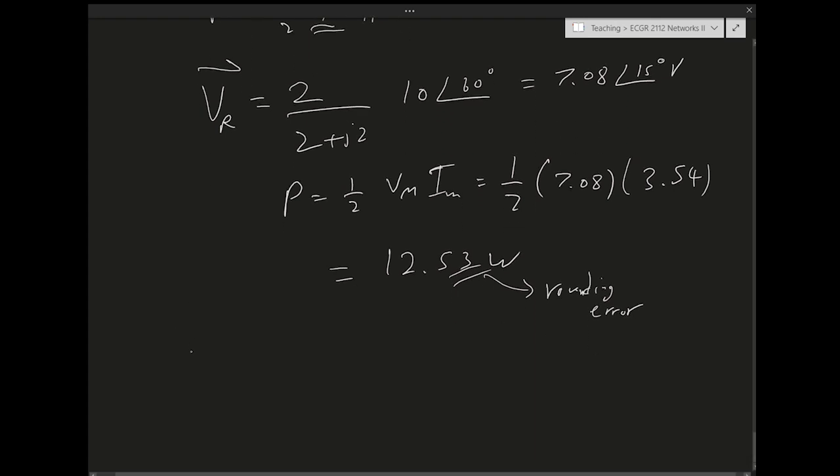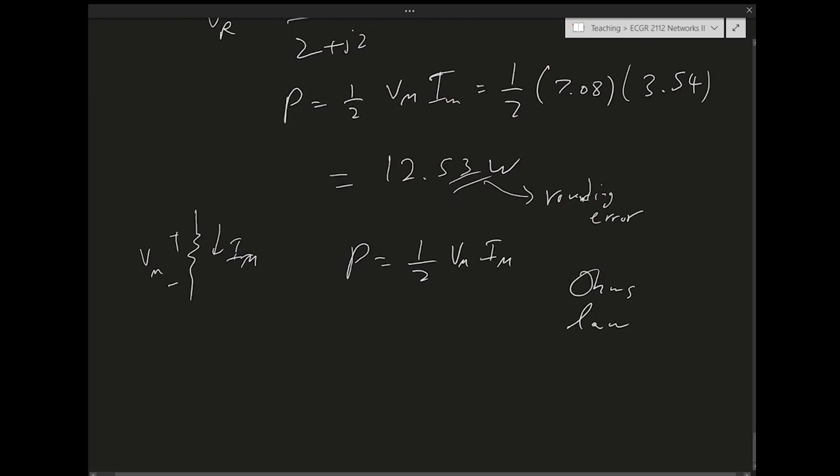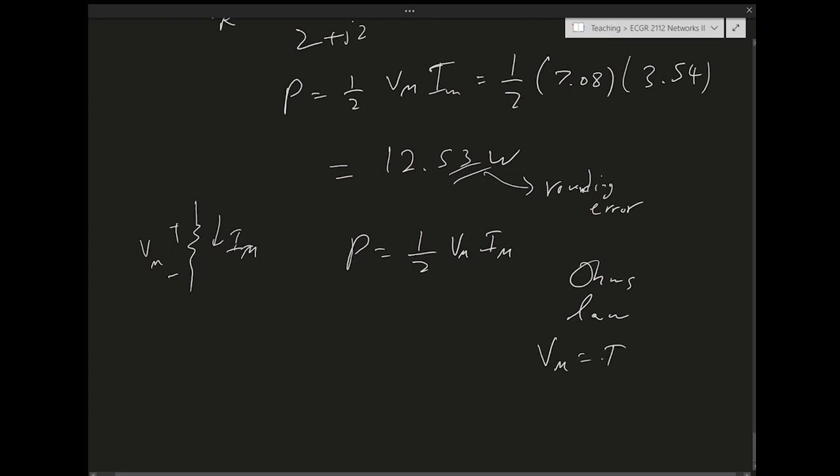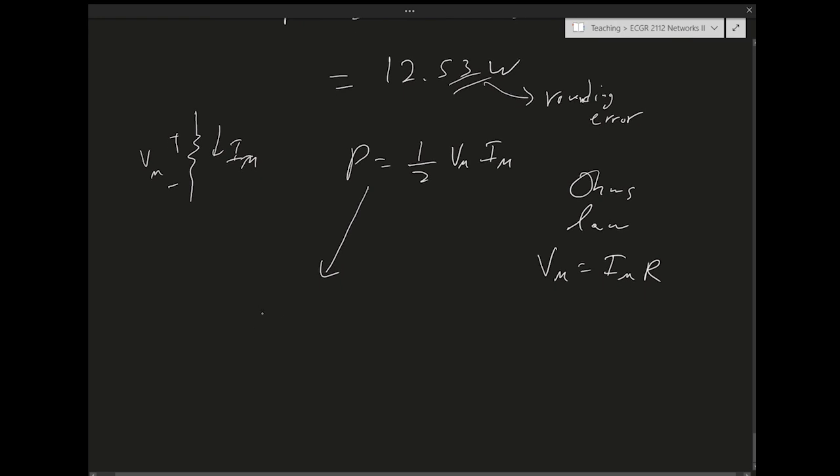Now for a resistor, I have Vm Im, the magnitudes of the voltage across the resistor and the current, in this form of the average power. But I can use Ohm's law to derive other forms. Ohm's law says Vm equals Im R. If I plug in Im equals Vm over R, I end up with half Vm squared over R. This is also a valid average power formula for a resistor.